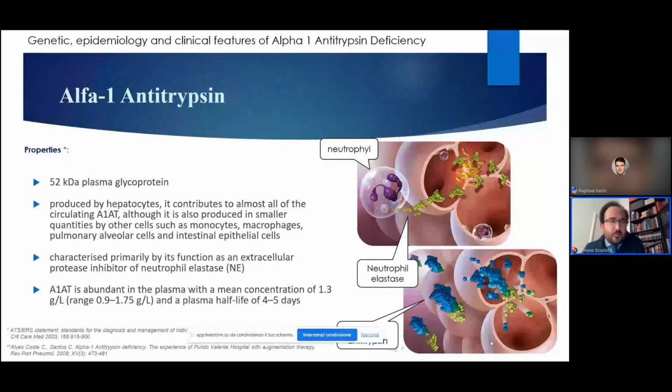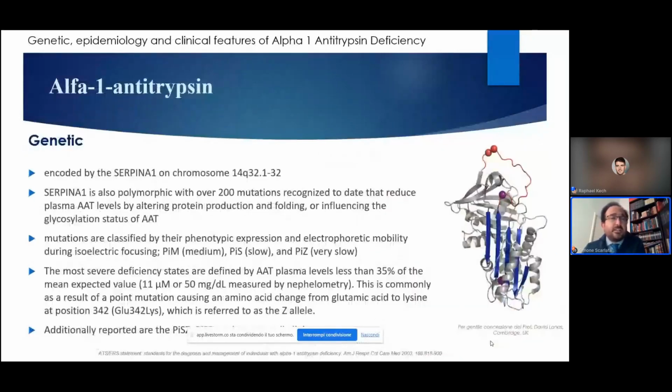What about genetics? We know that alpha-1 antitrypsin is encoded by the SERPINA1 gene, located on chromosome 14. This is a highly polymorphic gene, and we are aware of about 200 mutations, most of them carrying a deficiency pattern or a malfunctioning pattern related to a wrong folding process or influencing the glycosylation of the protein and therefore its function itself.